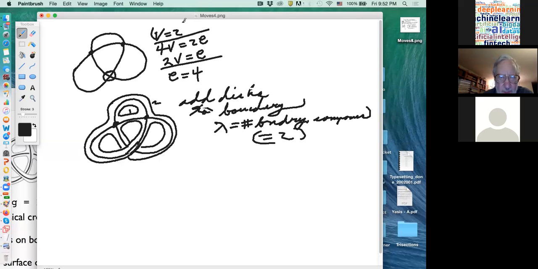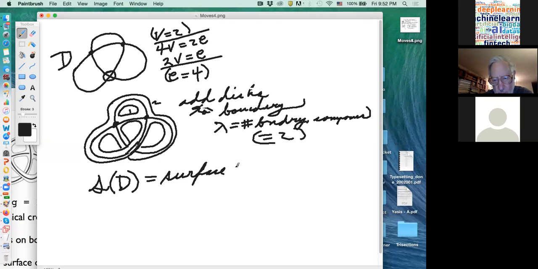So we have vertices is 2, edges is 4. Then we get a surface. You start with the diagram, and you get the surface of the diagram. The surface of the diagram is obtained by adding disks to the body of the ribbon.